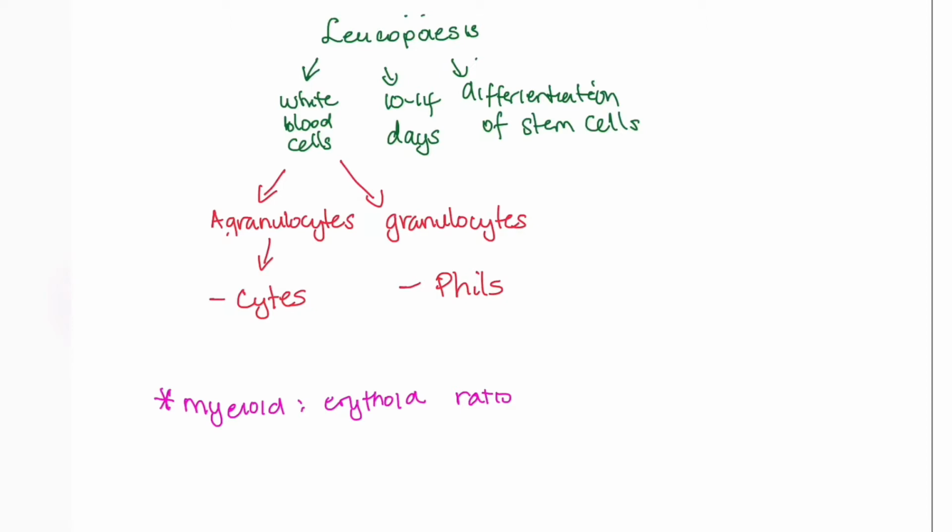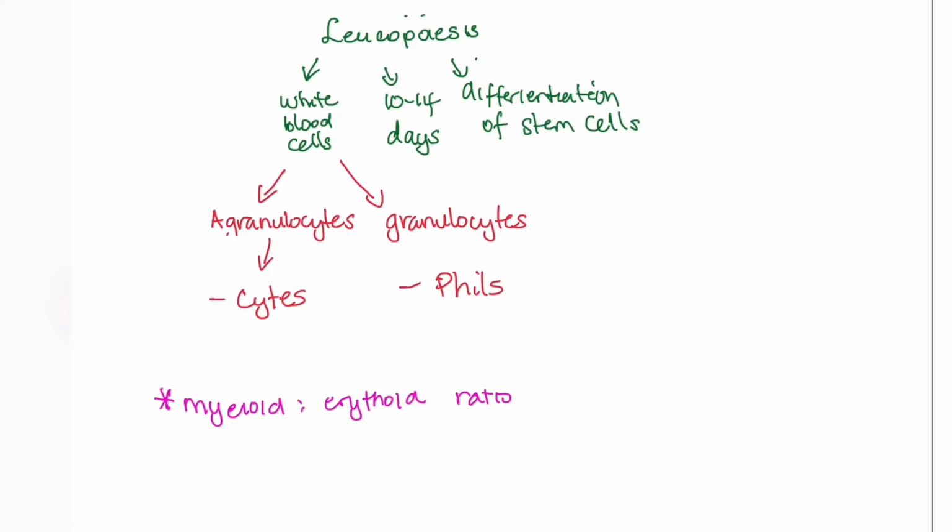And leukocytes are basically white blood cells, and the process of the formation of these white blood cells is of course leukopoiesis. Now there are two types of leukocytes, as you would have seen in the introduction video. Link will be at the top of this video. There are two types, the agranulocytes and the granulocytes.